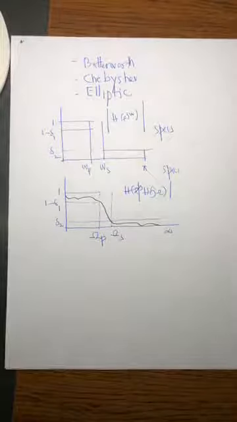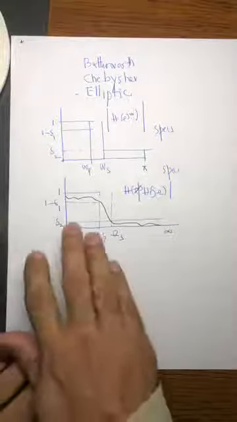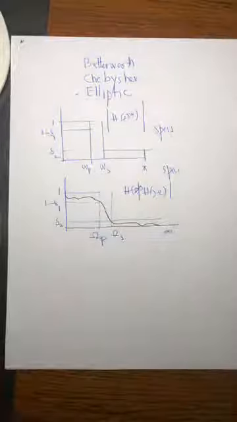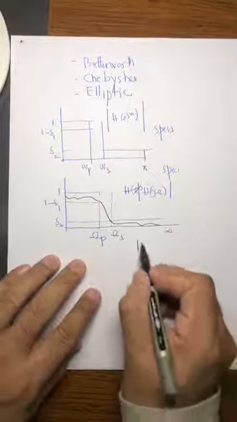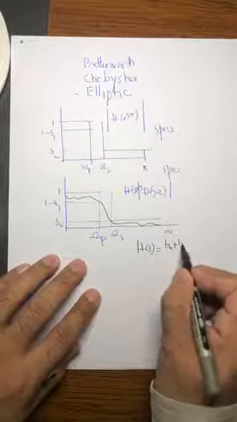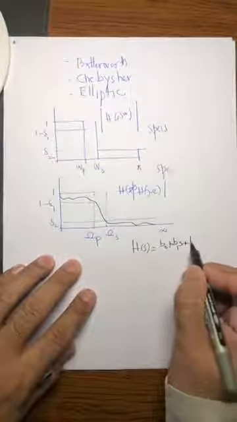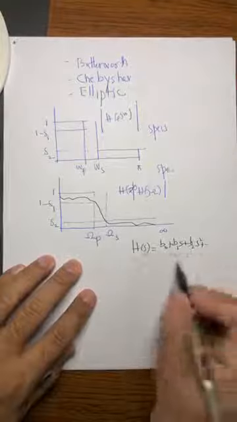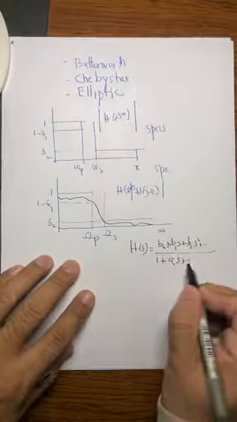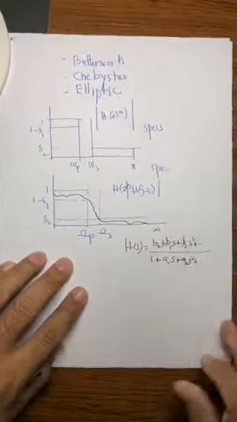Okay. And now just think of specs which are given like this, and magically somehow coming up with a transfer function H of s, which is like b0 plus b1 s plus b2 s squared divided by 1 plus a1 s plus a2 s squared plus so on.